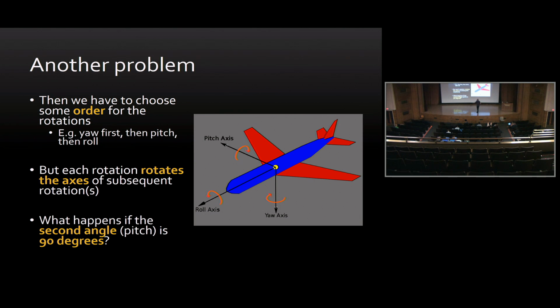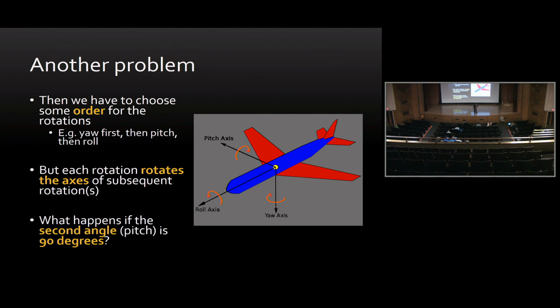So let's say we do yaw, then pitch, then roll. What happens if my pitch angle is 90 degrees? Then my yaw, I'm rotating around the vertical axis. That's what I did first. Then for my pitch angle, I turn 90 degrees. And so now my roll axis is pointing down into the ground.